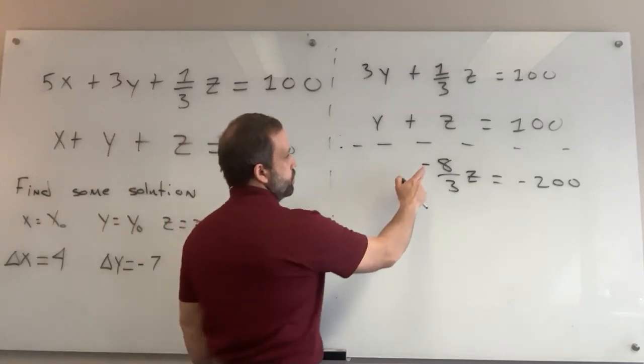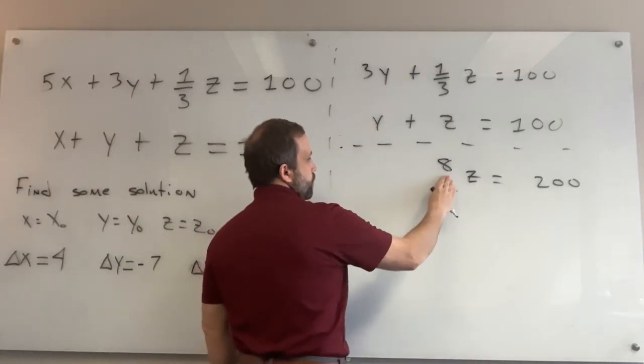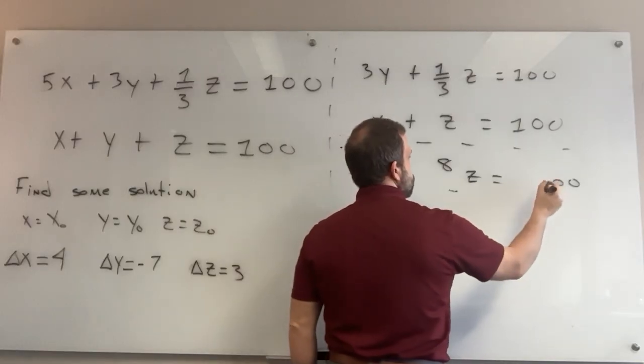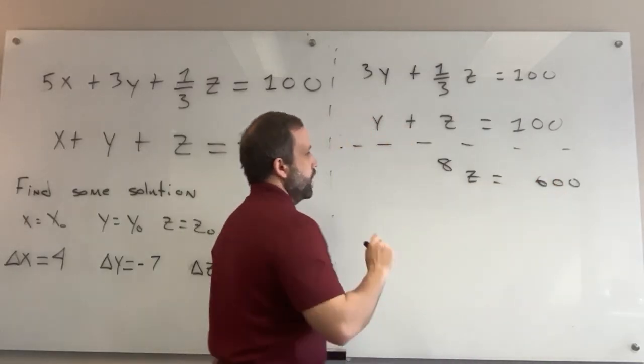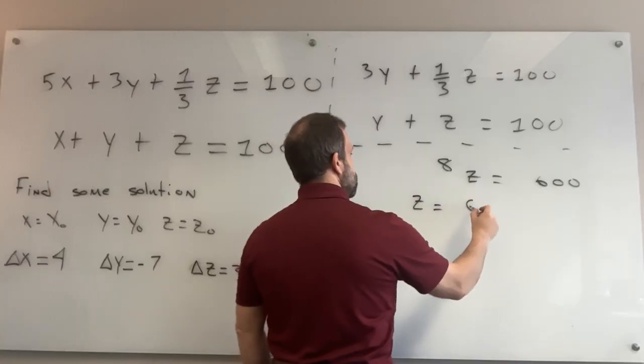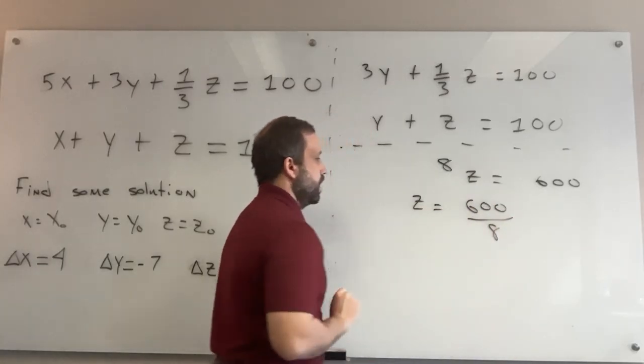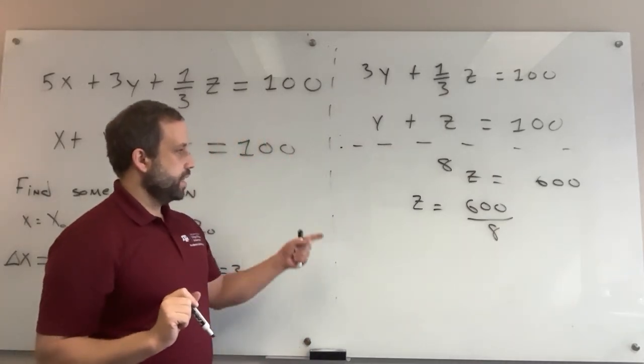Well, I'm going to multiply both sides by minus 1, of course. I'm going to multiply both sides by 3. So this becomes 600, and then z is going to be equal to 600 divided by 8.